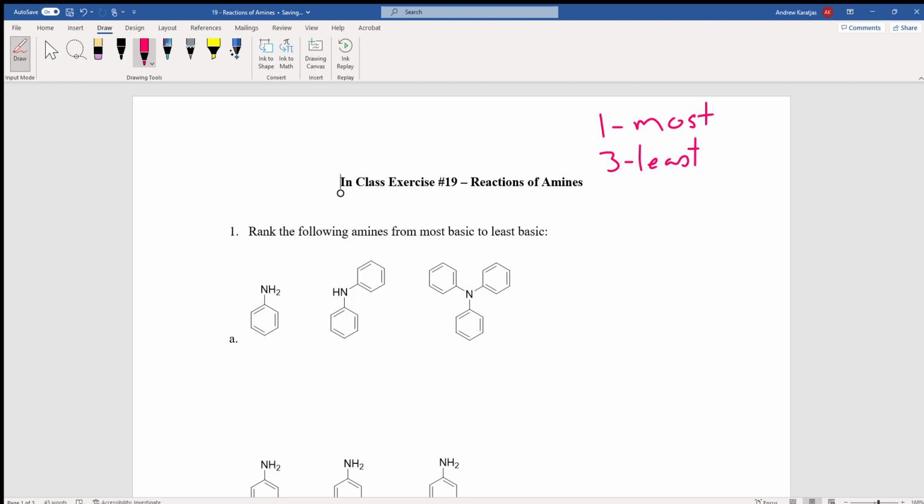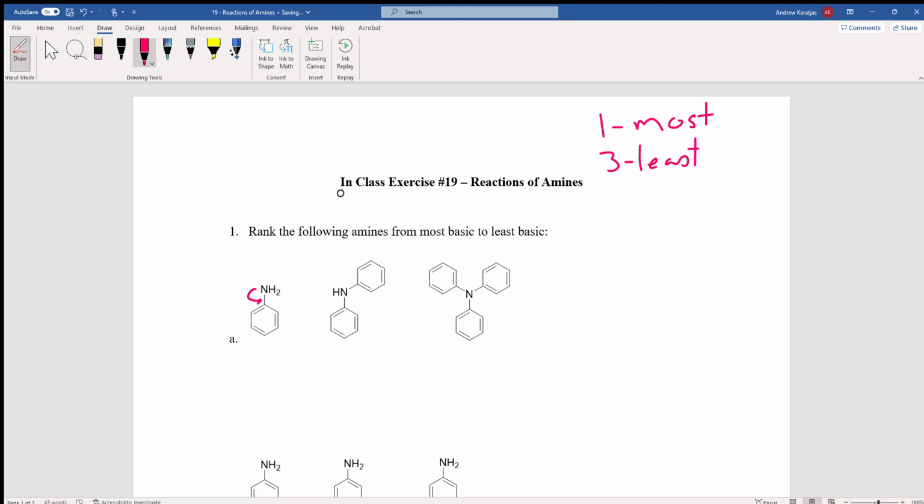So in part A, we have aromatic groups attached to our nitrogen. And you can see we go from 1 up to 3 aromatic rings. Now, how does the aromatic ring help or not help us here? Well, recall that the lone pair on nitrogen, which is what gives it its basicity, can donate into the aromatic ring.